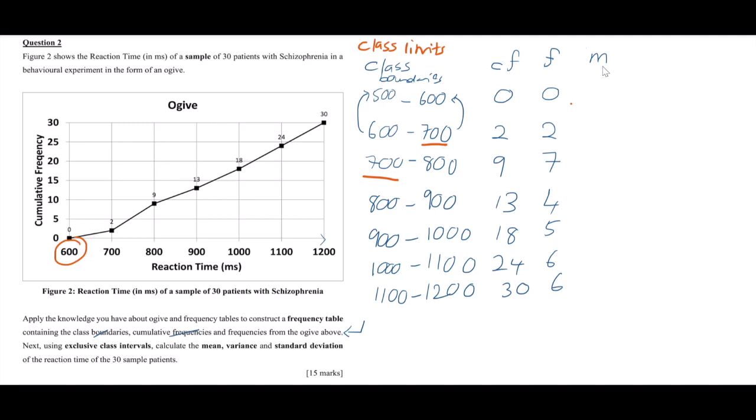Before we calculate the midpoint, let's have a look at your ogive again. Now, if you still remember, when we draw an ogive, we always include an extra class interval. So we do not need this right now.